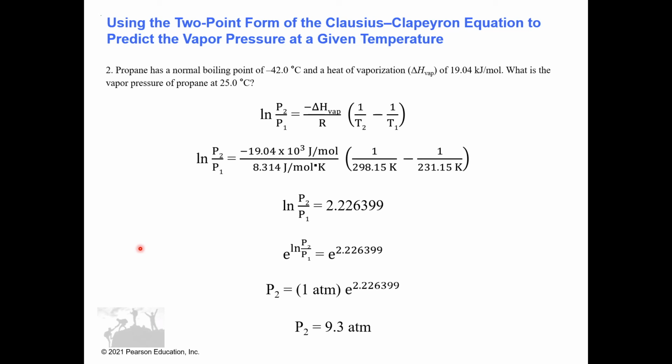So our final answer is 9.3 atm. And that should make sense because our temperature in the second scenario increased. So our pressure in the second scenario should also increase.